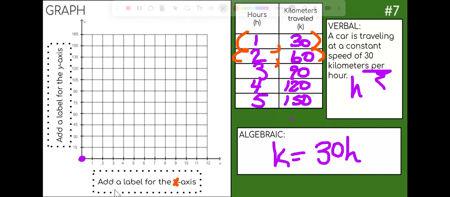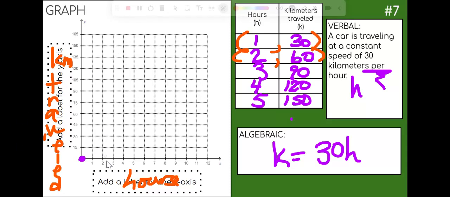Okay, this is going to be our hours. And this is going to be our kilometers traveled. Or you can put distance traveled.